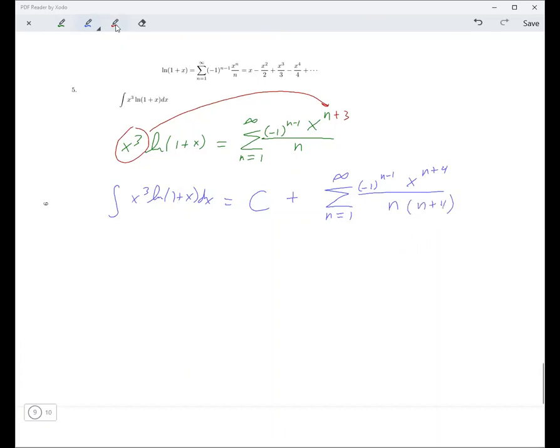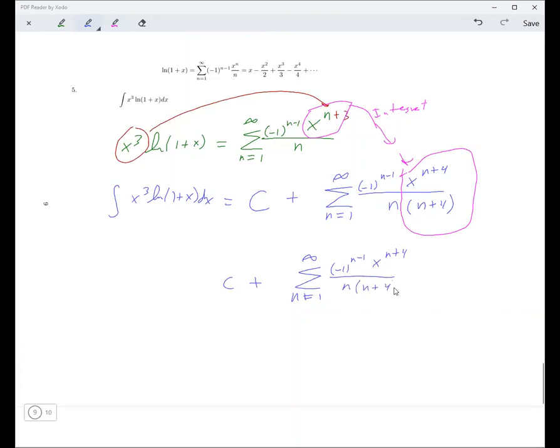Okay, so in other words, the integral of this is going to give you all that part right there. Okay, so just C plus that. And again, since this has radius of convergence 1, then your radius of convergence is going to be 1.